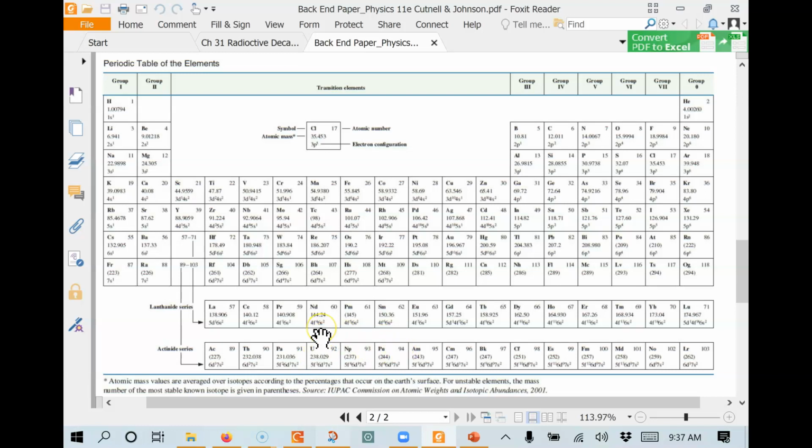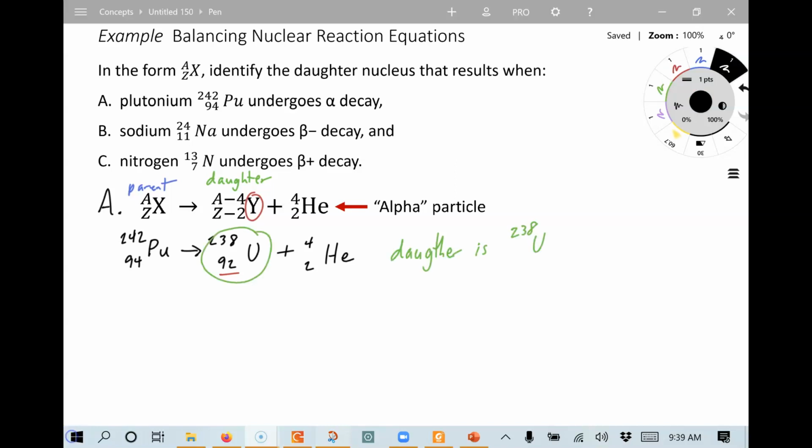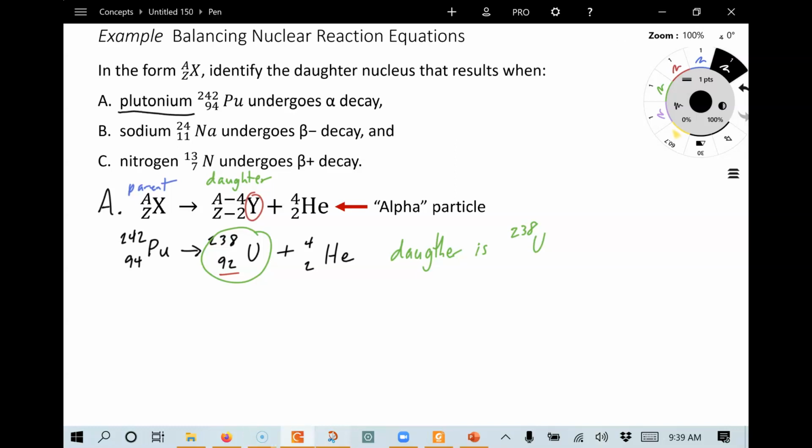So it's uranium. That's our daughter, uranium-238. And that's the alpha decay for that.